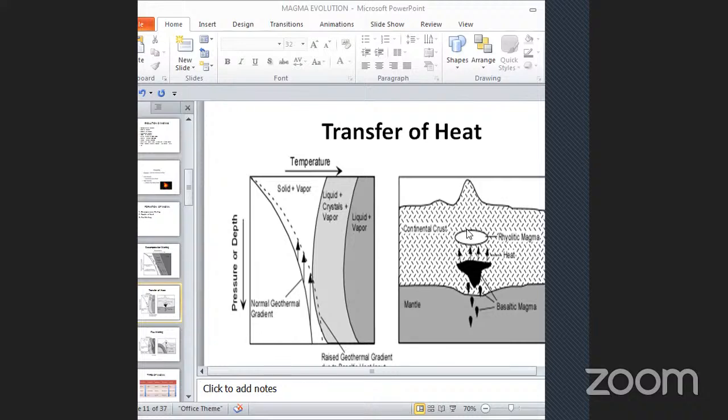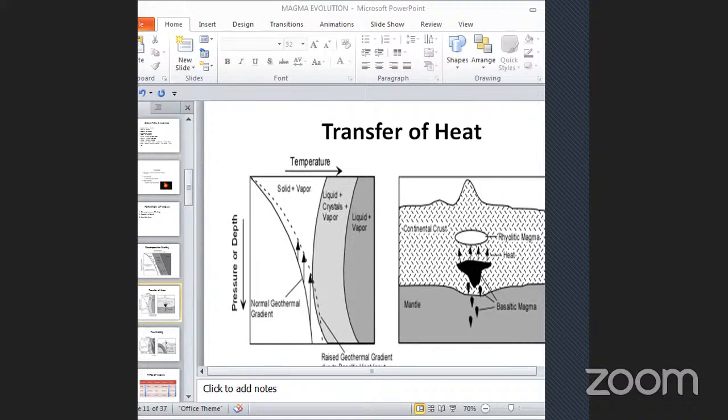Repeated intrusions can transfer enough heat to increase the local geothermal gradient, and it causes melting of the surrounding rocks, that is, to generate new magma.